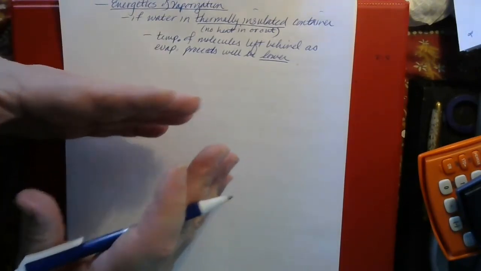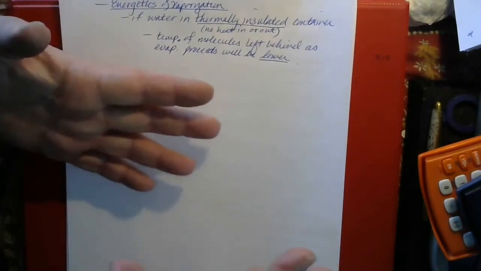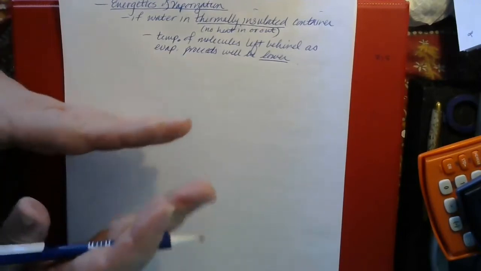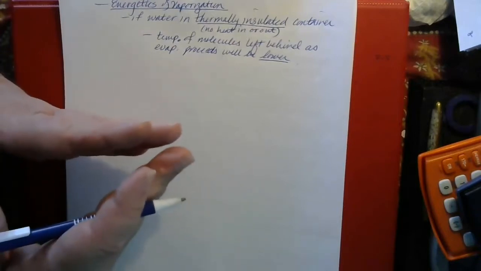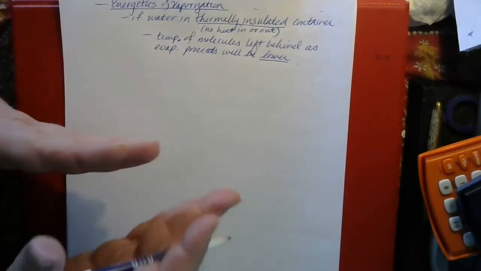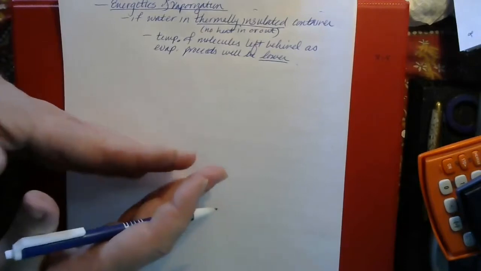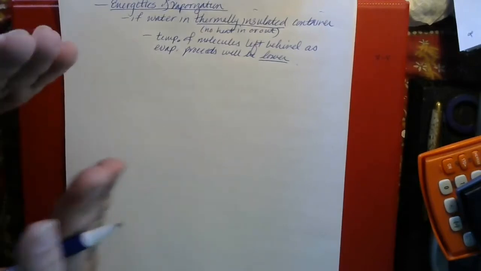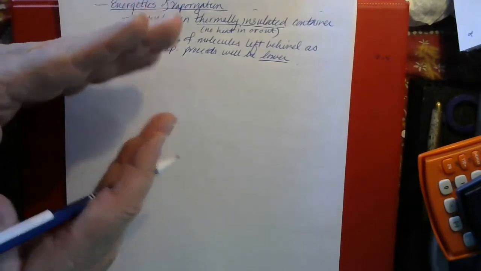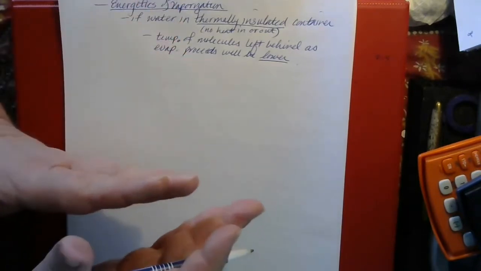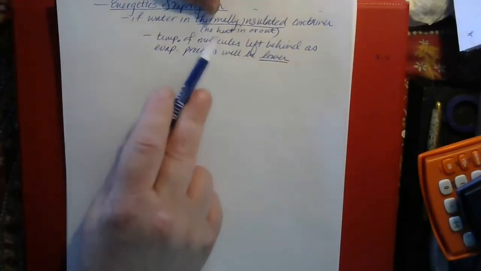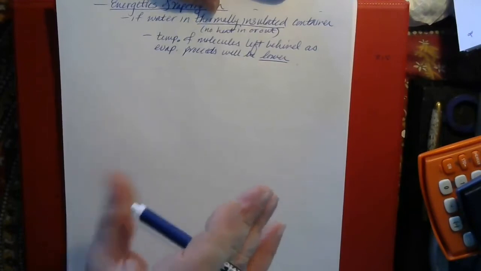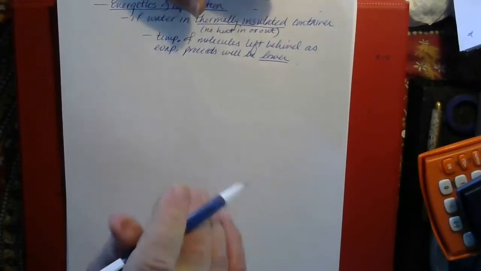They're the ones with the greatest kinetic energy, and temperature is a measurement of the average kinetic energy of molecules. So the segment of the molecules that are evaporating are the ones with the highest kinetic energy. And the average kinetic energy of those molecules that are evaporating will be greater than the average kinetic energy of the molecules that are left behind. So in other words, basically the hottest molecules are evaporating, leaving the cooler molecules behind. So the temperatures of the molecules left behind will be lower than that of the molecules that evaporated.